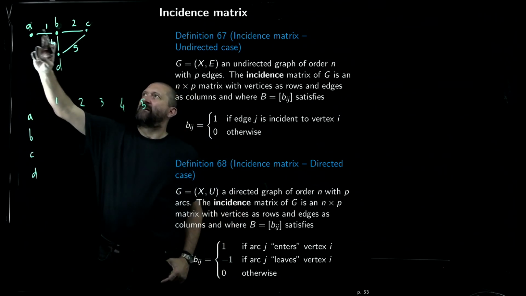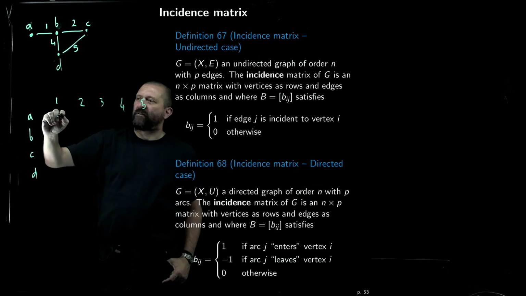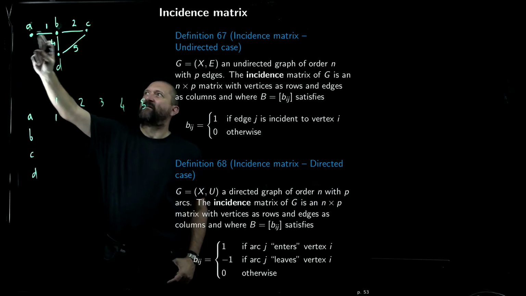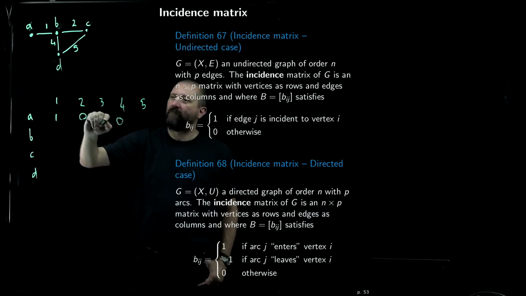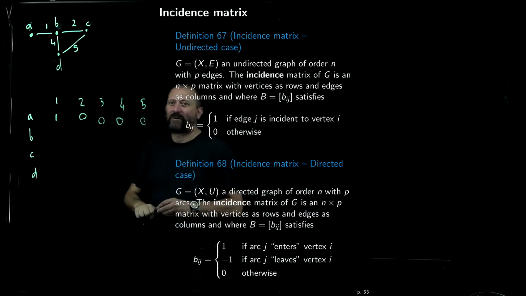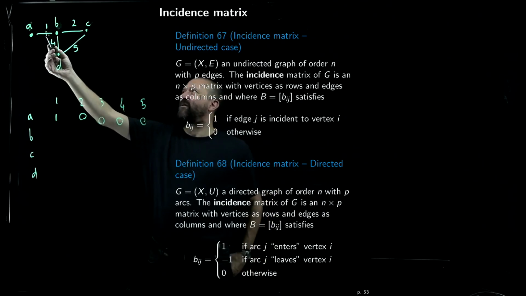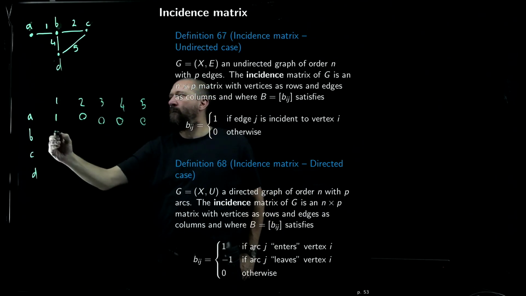So A is incident to 1, so there's a 1 here. A is incident to nothing else. B is incident to 1, 2, and 4.